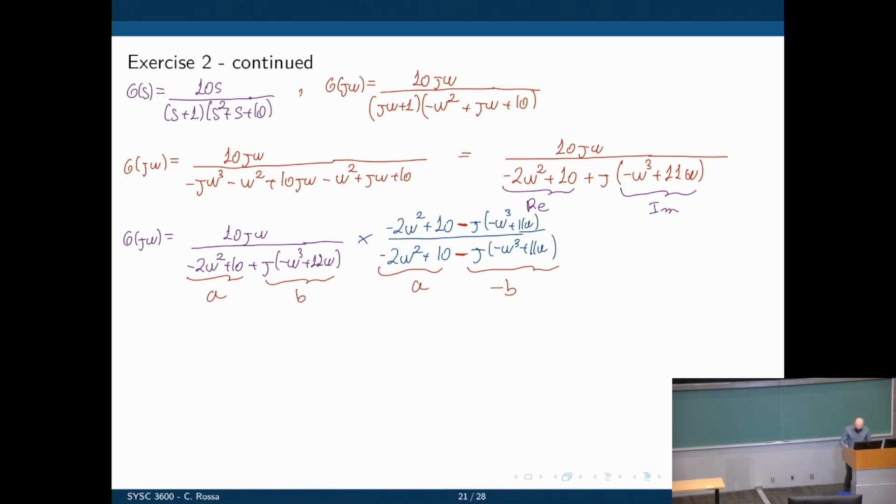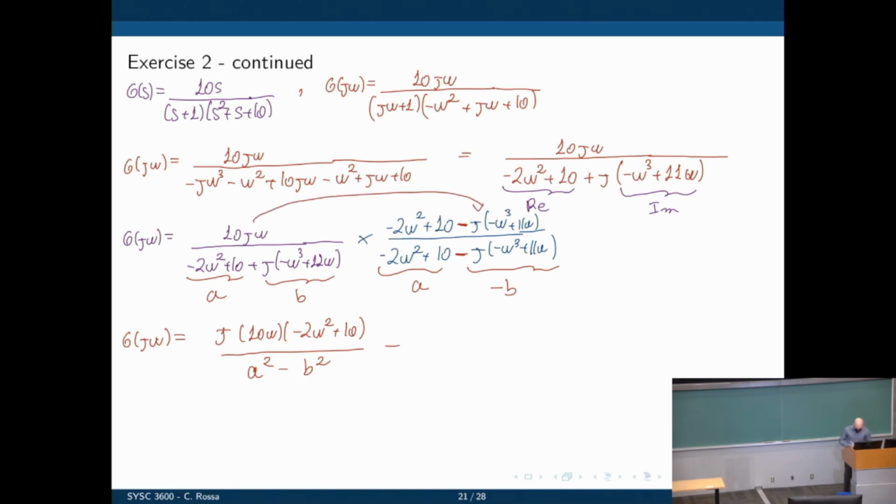So now we can multiply the numerator out. We have G(j omega) equals j times 10 omega times negative 2 omega squared plus 10, divided by a squared minus b squared. And then we have this times that.